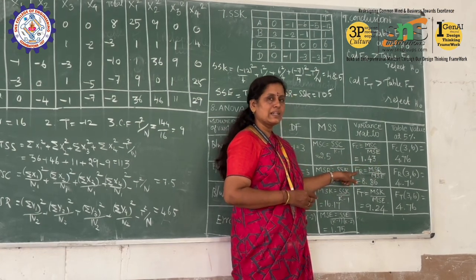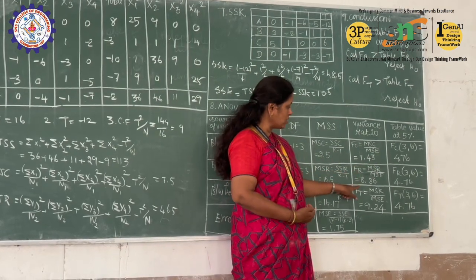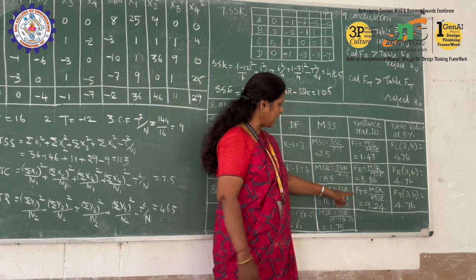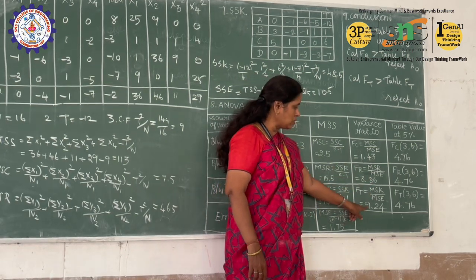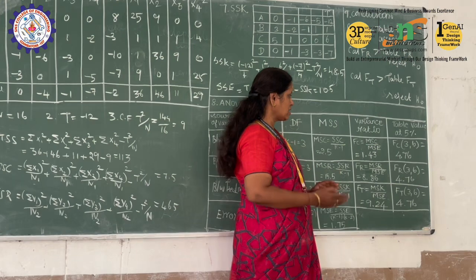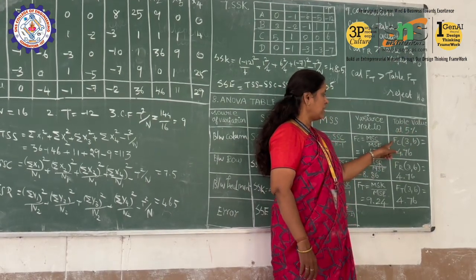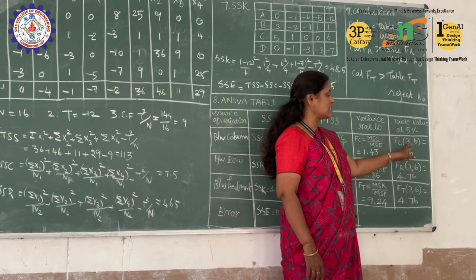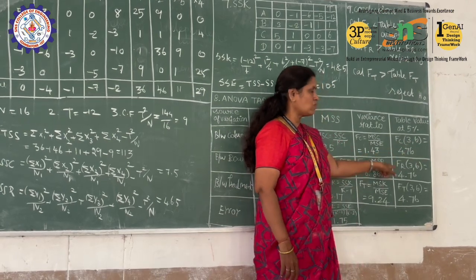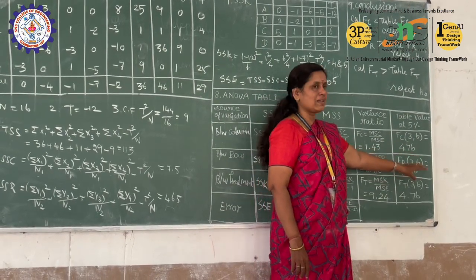Likewise we calculate the F ratio row-wise, which is equal to 8.86, and treatment-wise, which is equal to 9.24. Next we find the table value at 5% level. For corresponding degrees of freedom 3, 6, the value is 4.76.